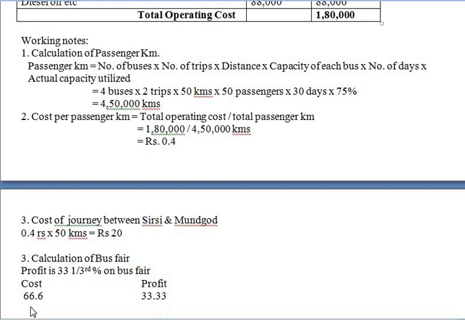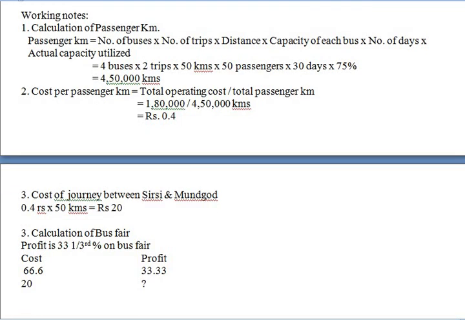Now here already we have calculated cost is 20 rupees, right? Cost is 20 rupees. Then how much will be the profit? Okay, so that will be 20 into 33.33 divided by 66.67.